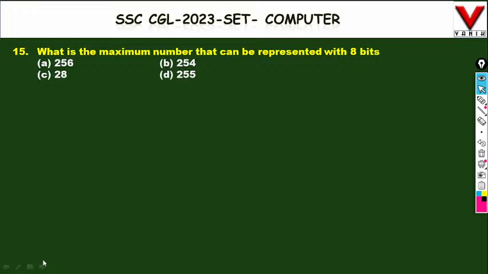The total count of numbers that can be represented with 8 bits is 256. The maximum number that can be represented with 8 bits is 255, because there are 256 numbers in total, from 0 to 255. So the maximum number is 255.